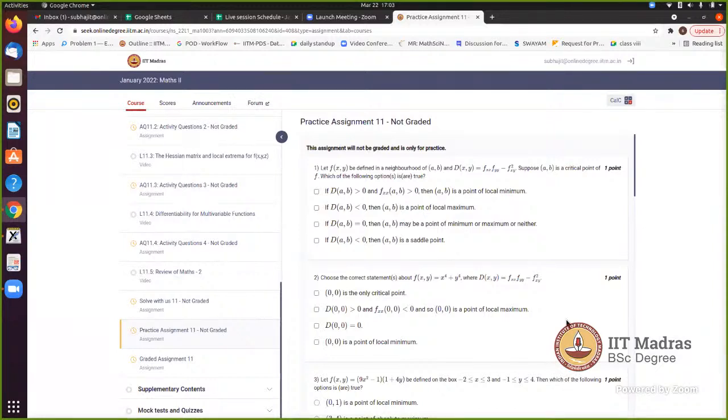So basically, the function is x power 4 plus y power 4. Using the test, it is showing that D of 0, 0 is 0. So from the test, we cannot find it, right? But can this function be negative anywhere? No, right? And what is the minimum value this function can be? 0. And when does that occur?